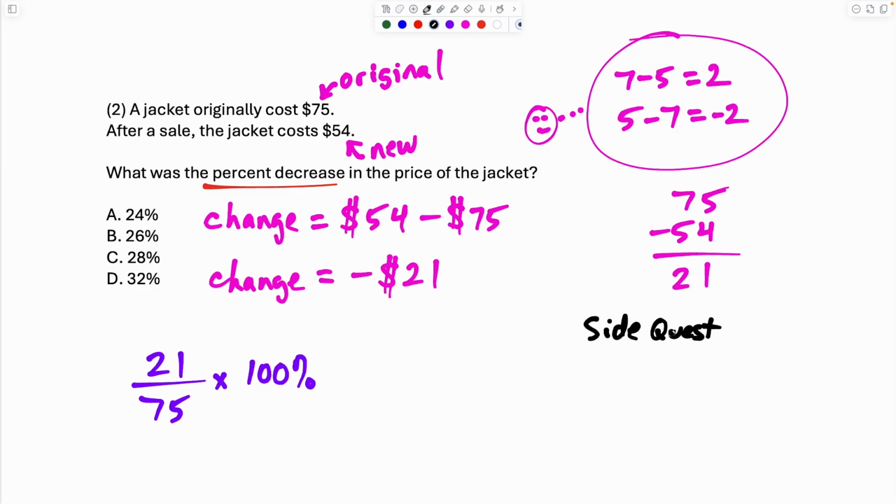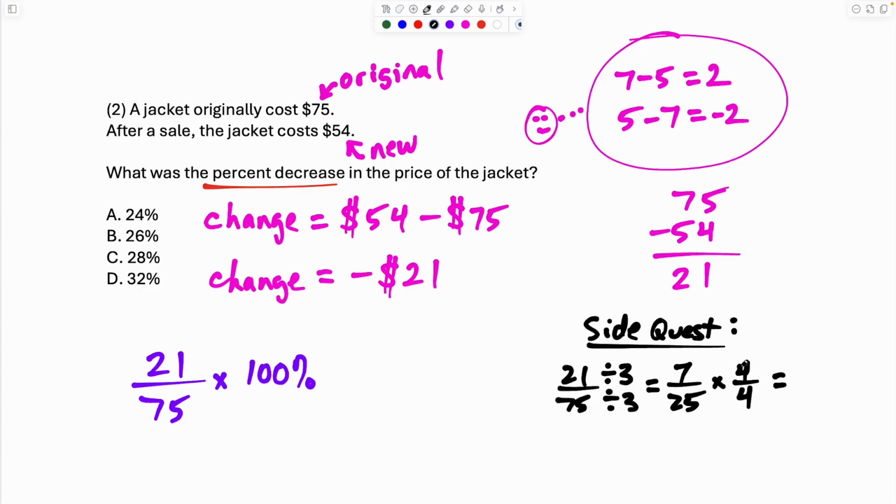And I'm going to work with the 21 over 75. So what I want to do is first reduce it. So I'm going to divide numerator and denominator by 3, and I get 7 over 25. But this is one of those nice fractions that I could turn into a fraction with denominator 100. And I could do that by multiplying by 4 over 4. If I do 7 times 4, I get 28.